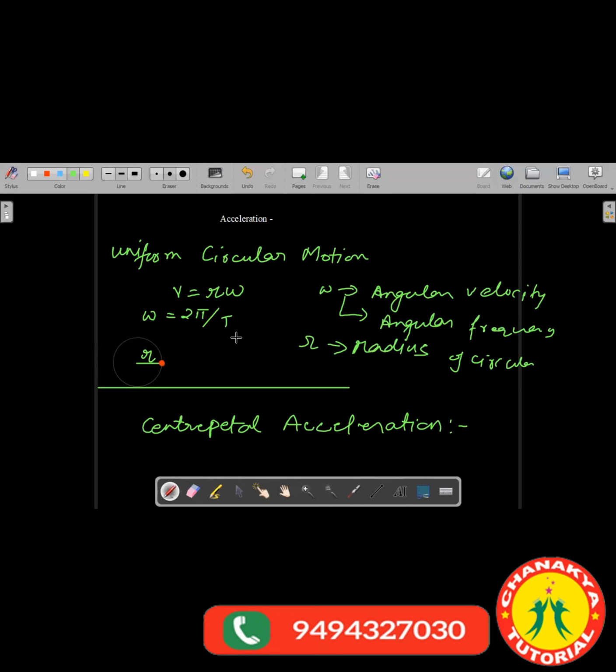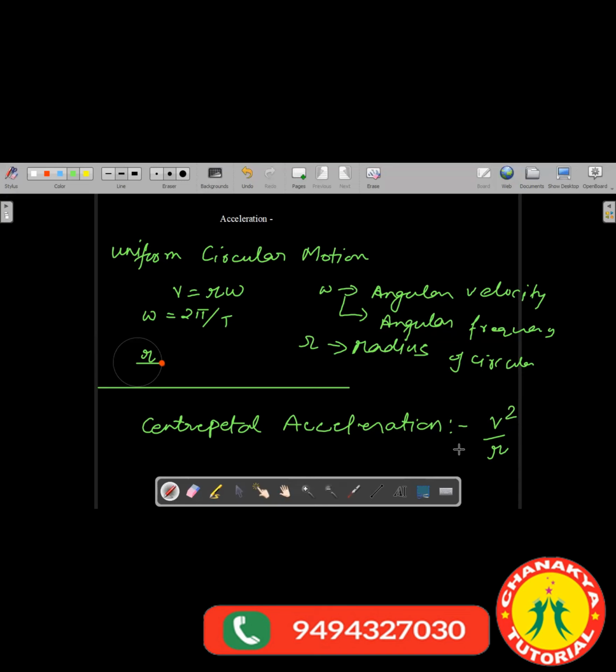The value of centripetal acceleration is given by v squared by r. Or you can also use the value of v as r omega, and if you square it, you get r omega squared.